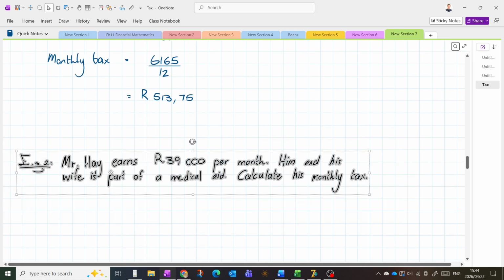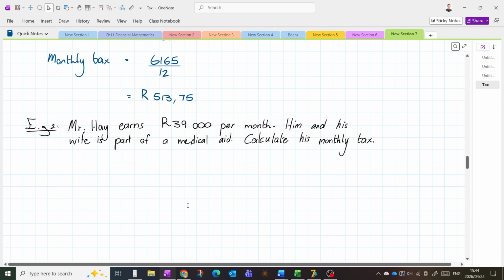Okay, let's look at the second one quickly. Mr. Hay earns 39,000 Rand per month. Him and his wife, as part of a medical aid, calculate his monthly tax. Now this is going to work pretty similar to the previous one. I'm going to do it in a different order so you can see that it is possible.